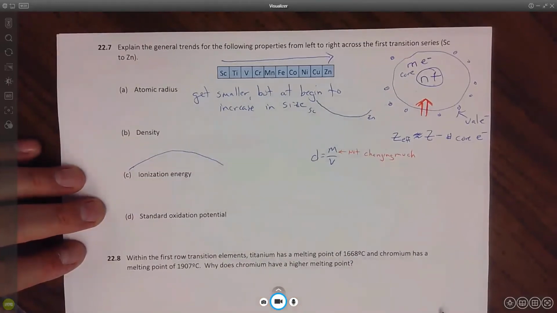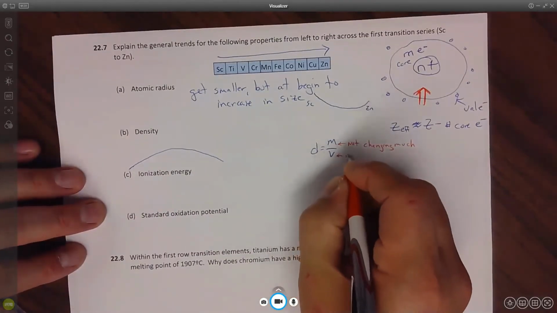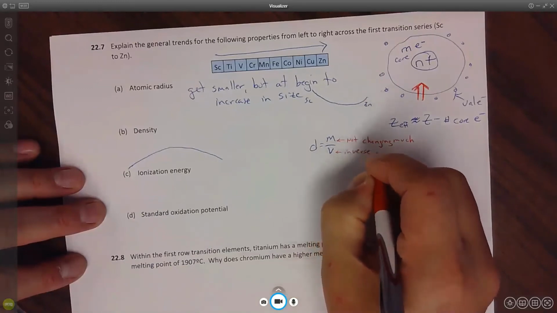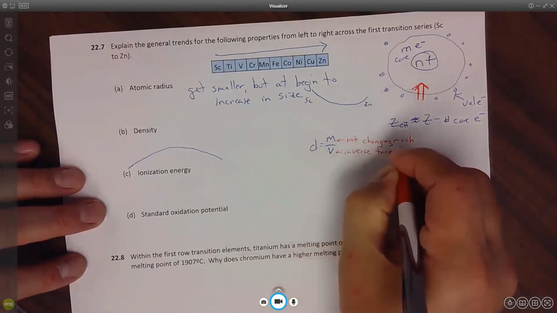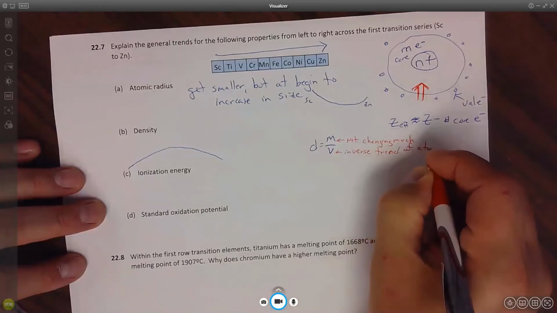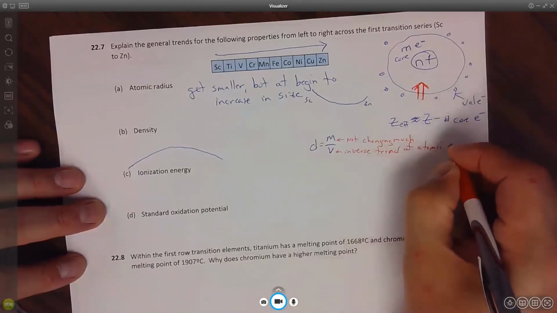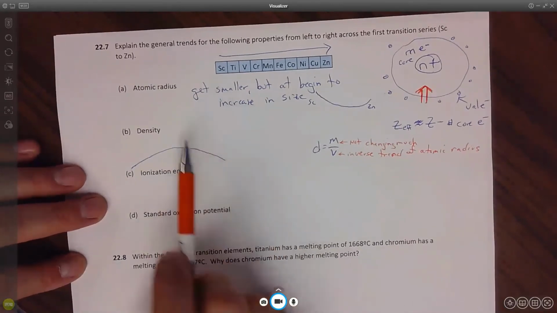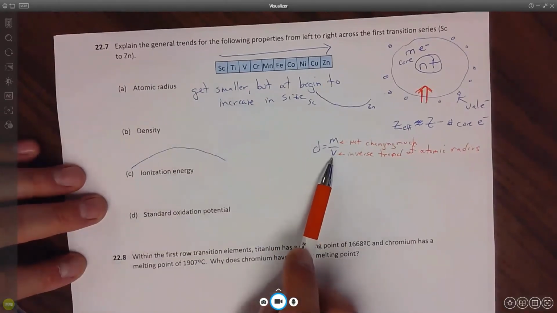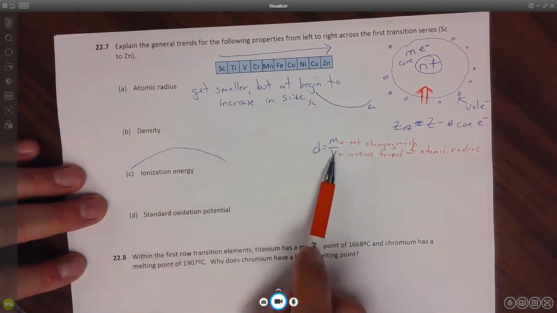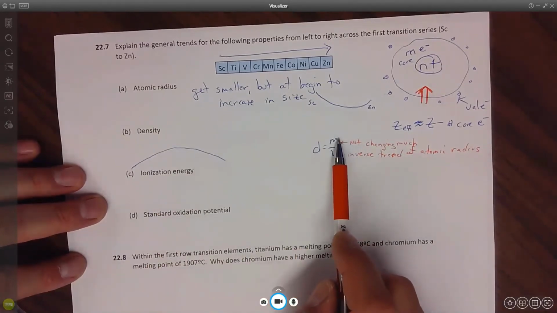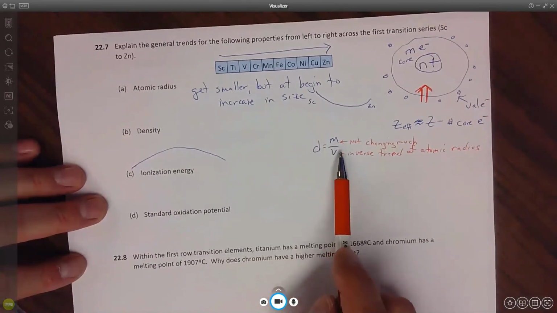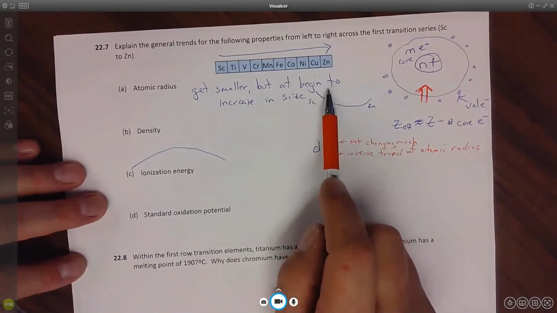So this follows, obviously, the inverse trend of atomic radius. So if they start out small, this number will be small. But as it gets bigger, this number becomes bigger, so this becomes a smaller number overall. Then as we get to the end, they get small again.